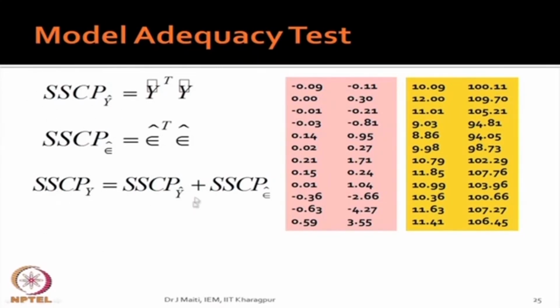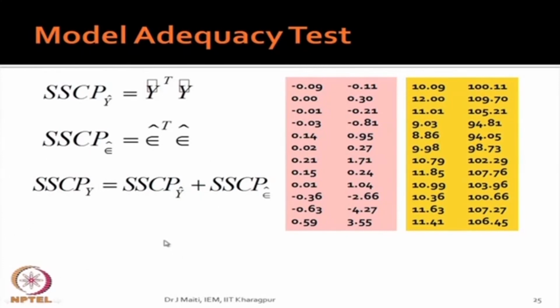Now, SSCP y will be SSCP y cap plus SSCP epsilon cap. So, repeat this: fitted values will be used to find out SSCP y cap, residuals will be used to find out SSCP epsilon cap, and the y values are already there, but you can check also using this formulation. Okay.